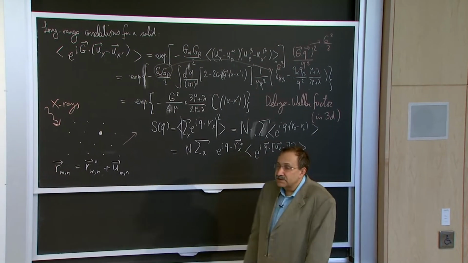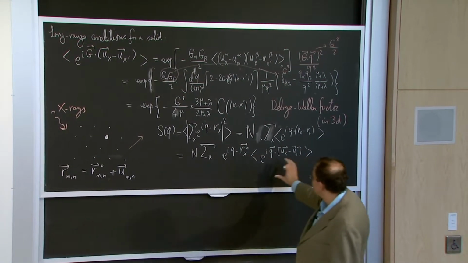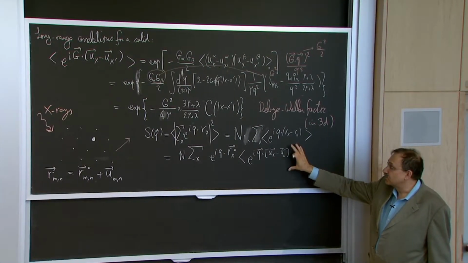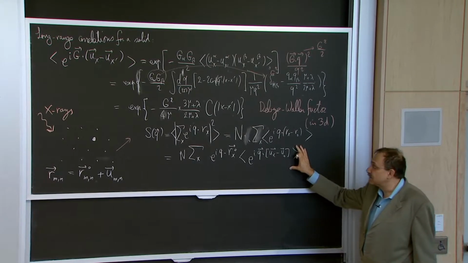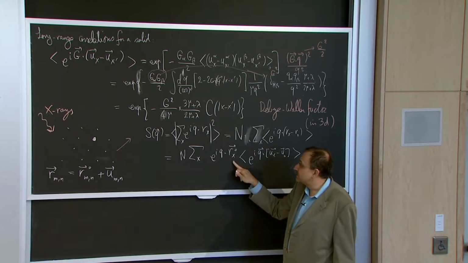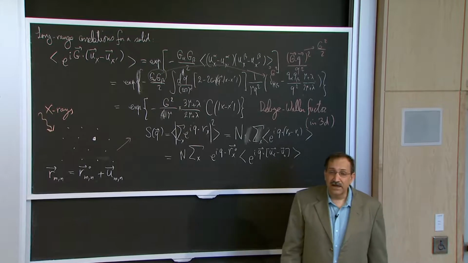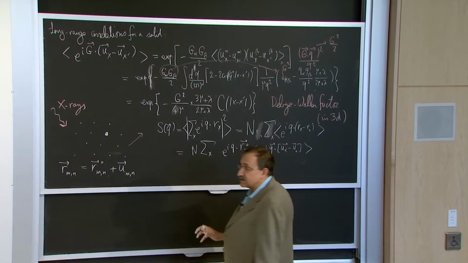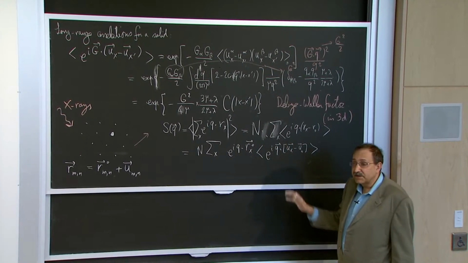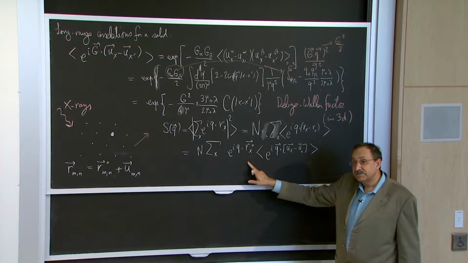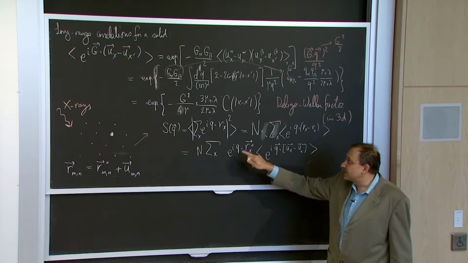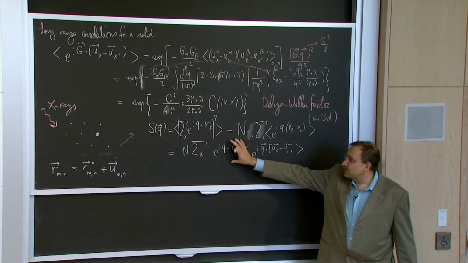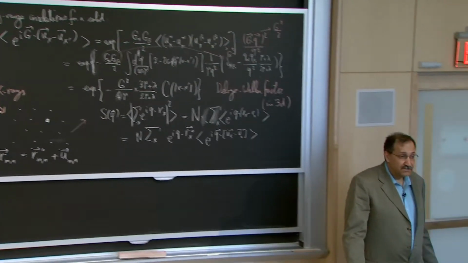Now, if I'm doing this at 0 temperature or very close to 0 temperature, where this is either 1 at 0 temperature or not too much fluctuating at high temperatures, I will essentially be adding a lot of e to the iQRs. These are essentially phases. They can be positive, negative, all over the complex plane. And typically, you would expect that for a randomly chosen Q, the answer from adding all of these things will be 0.